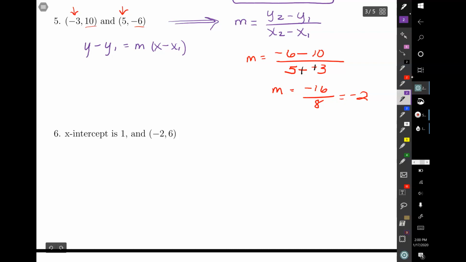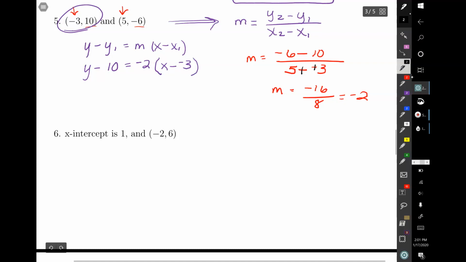Then I go back to my point slope form and plug in y minus y sub 1. I'm just going to randomly pick that first one, negative 3, 10. So my 10 is the y value, equals m is negative 2, parentheses x minus x sub 1 is negative 3. Again, I have that double negative in the middle, so I'm going to make it a positive.